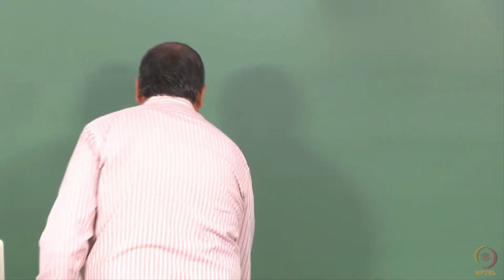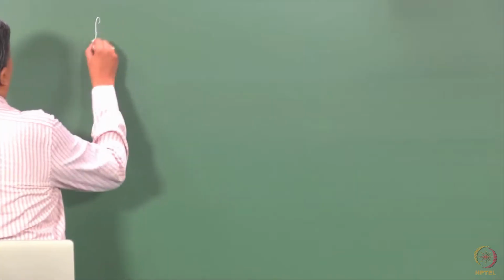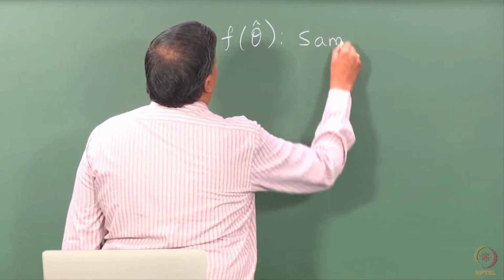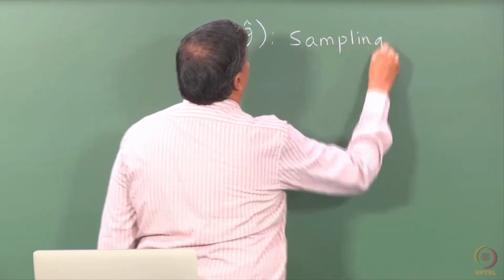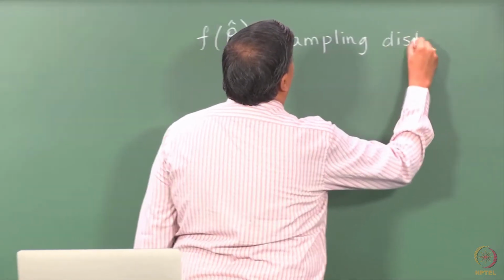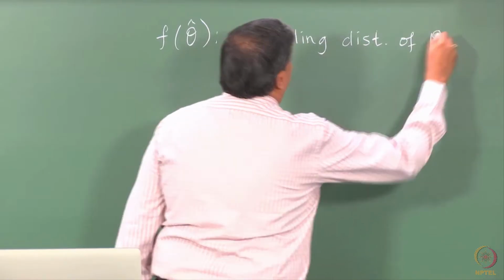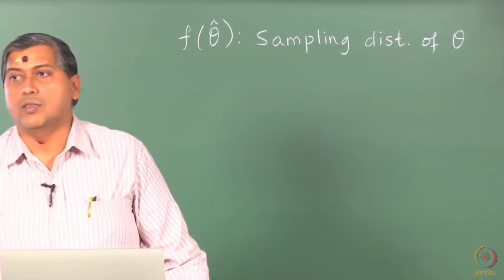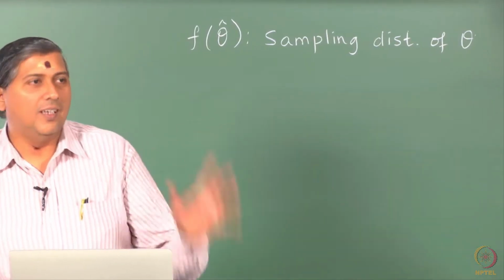These distributions of parameter estimates that we talk about are also known as sampling distributions. It is said to be the sampling distribution of the theta.